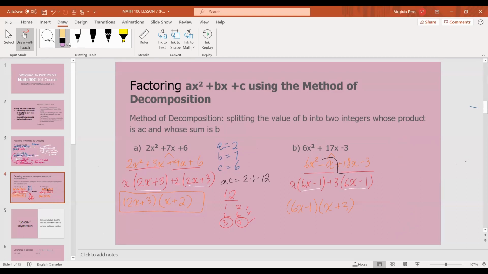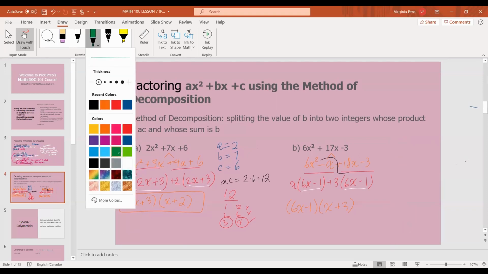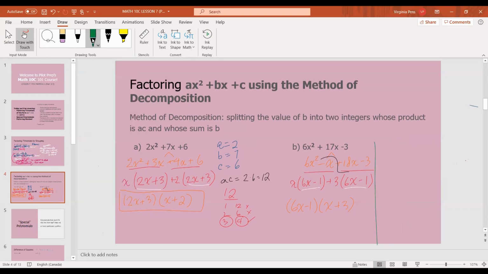What it's going to look like. So I'm going to recopy the entire equation on this side. Right beside it, let's draw a line to differentiate. So what I have is 6x squared plus 18x minus x minus 3. So what I've done here is I've just flipped the position of the 18x and x.